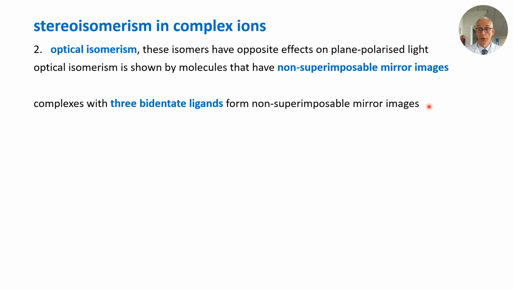We can form non-superimposable mirror images with complexes that have 3 bidentate ligands. For instance, cobalt 3 with 3 1,2-diaminoethane ligands, bidentate ligands.